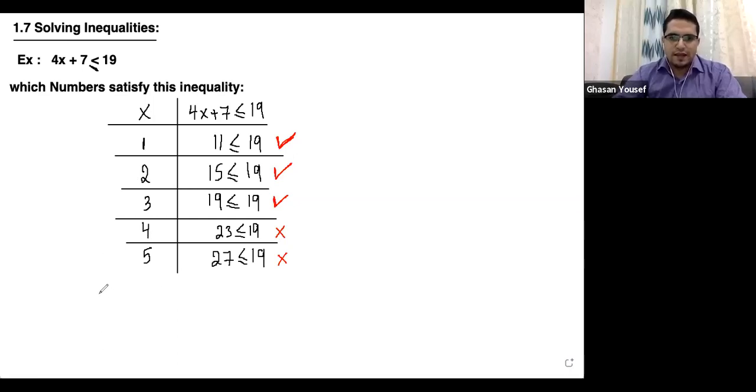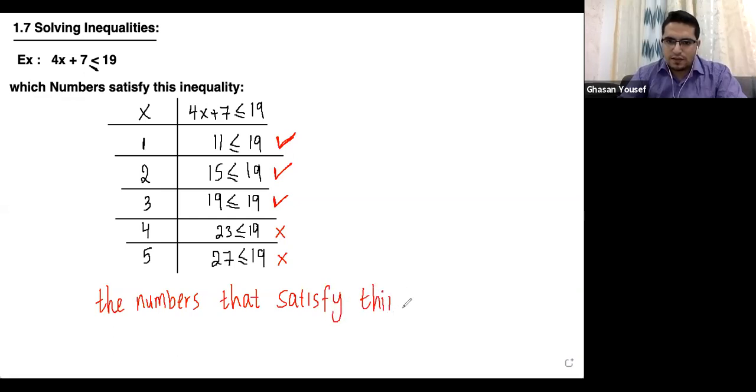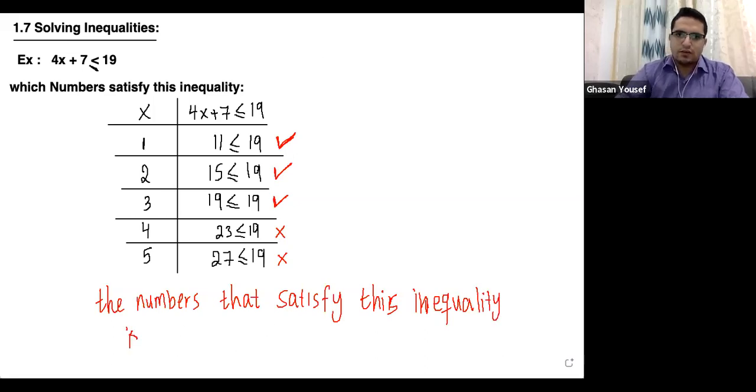So here I can say the numbers that satisfy this inequality are all numbers less than or equal to 3, that is, x less than or equal to 3.